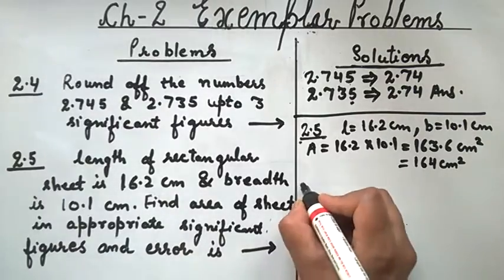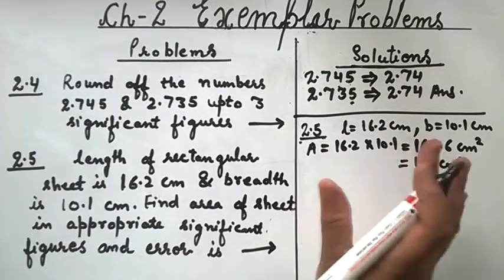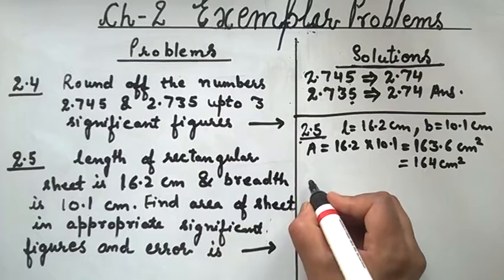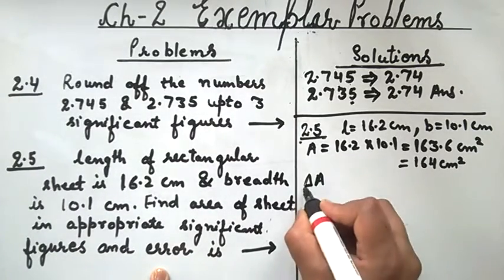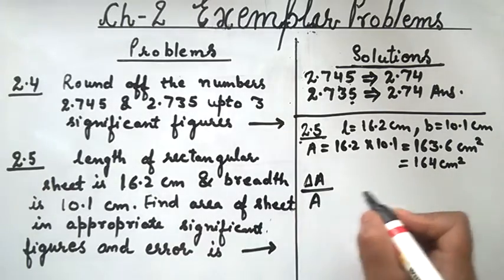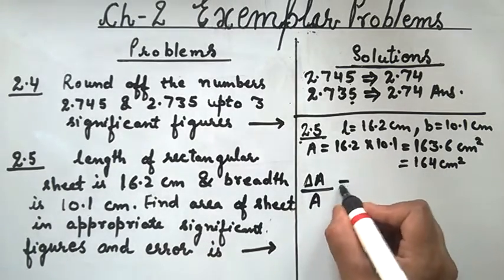Now in order to calculate error, the formula is absolute error in an individual quantity by the true value.